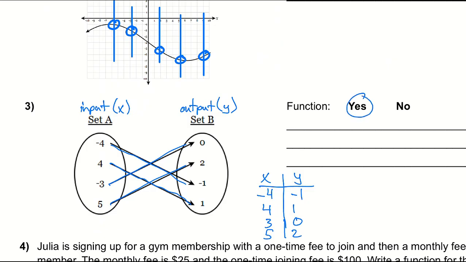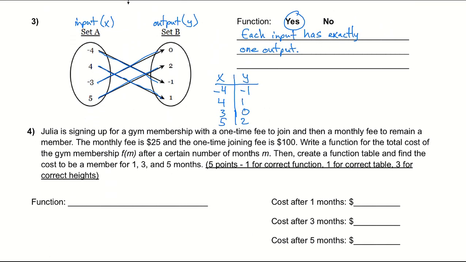All right? Yeah, it's a function because each input has exactly one output, just like that. Okay? All right, next question.